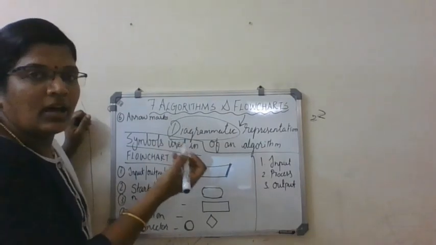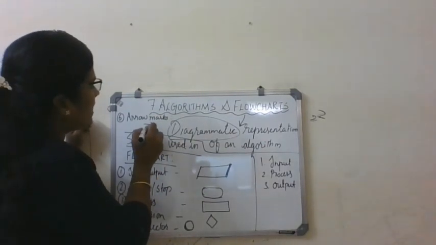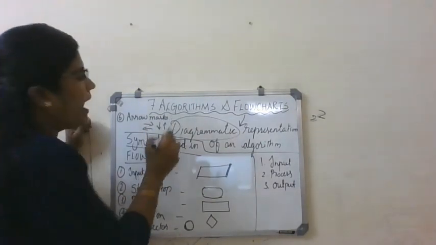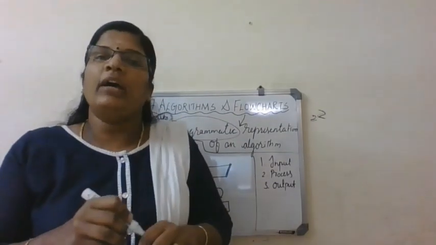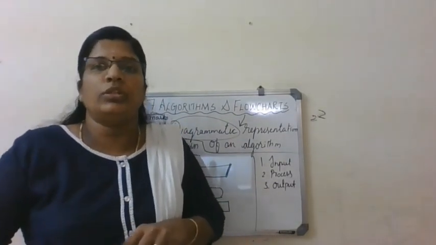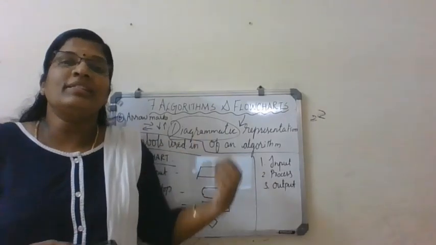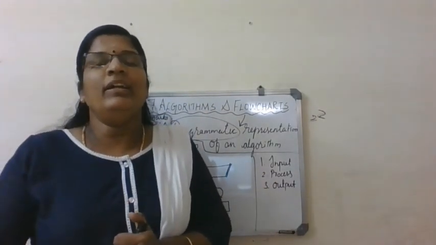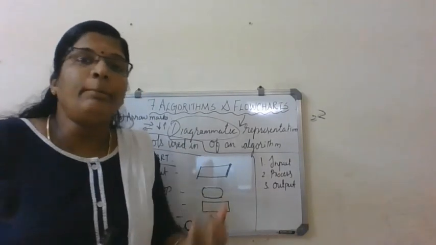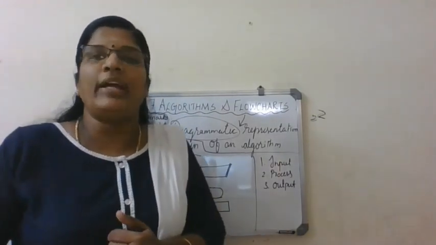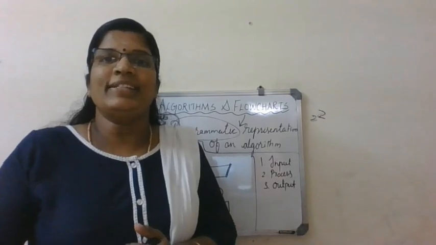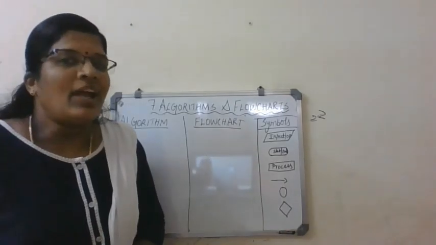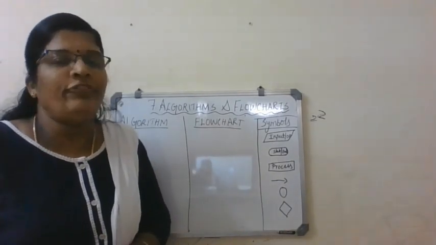You can make them left, right, down or up, that doesn't matter; all four directions may be used. So these are the symbols used in a flowchart. Is it clear for everyone? That's good. With the help of these symbols, we are going to write a flowchart.